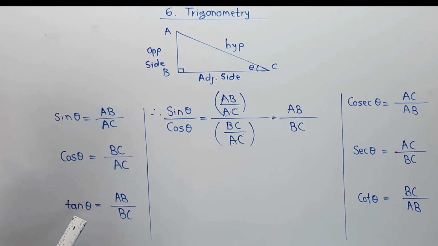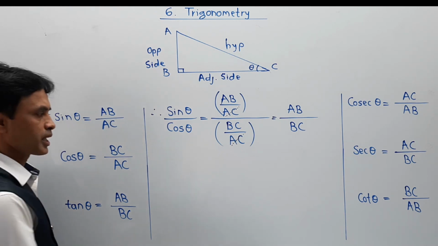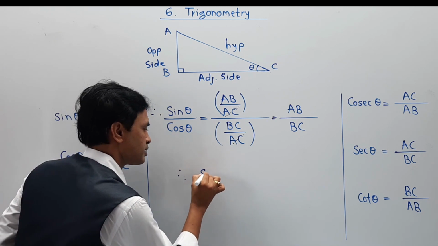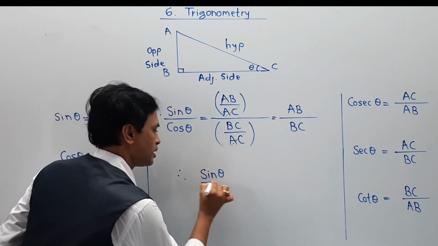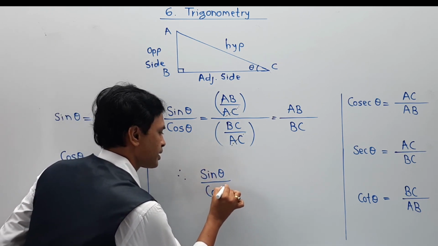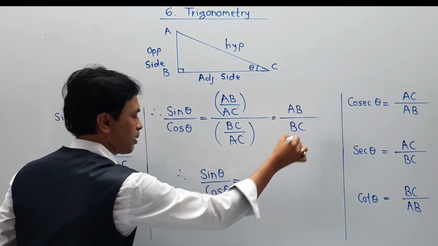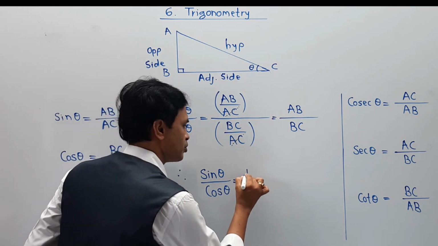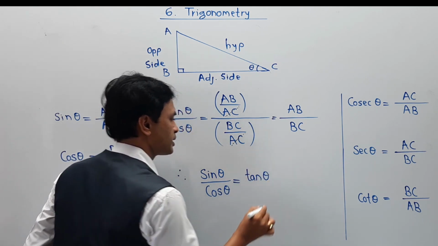AB upon BC is nothing but tan theta. So we are getting a new result: sin theta upon cos theta, and that value AB upon BC, is nothing but tan theta.